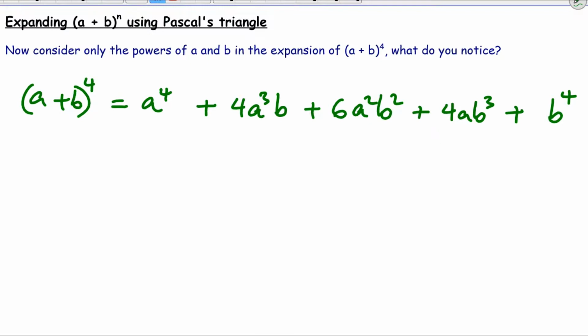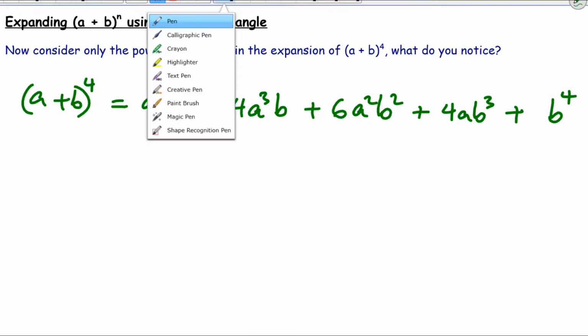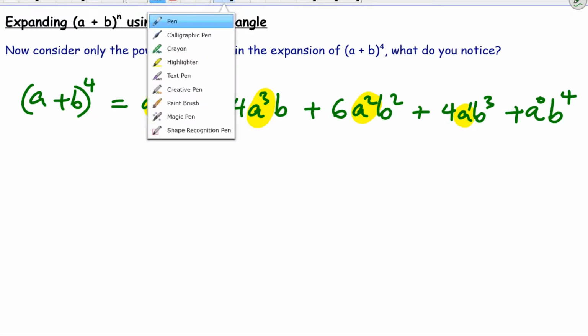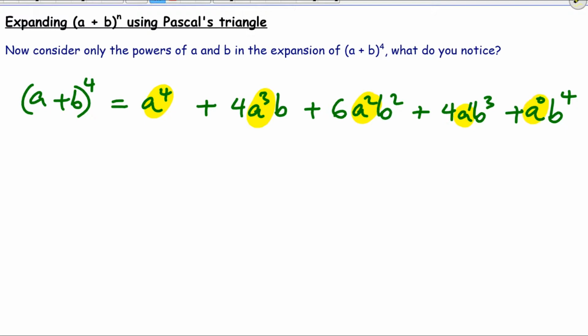So if you look at the patterns, if you look at the powers of a, we can notice that a starts at a to the power of 4, and then, if I use a highlighter, you have a^4, a^3, a^2, a^1, and a^0. I'm just going to add those ones, a^1 and a^0. Of course, a^0 is 1, and that's why it's omitted here.